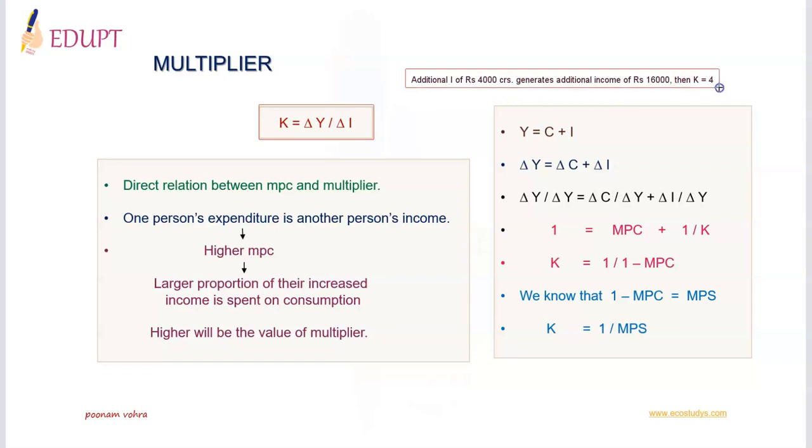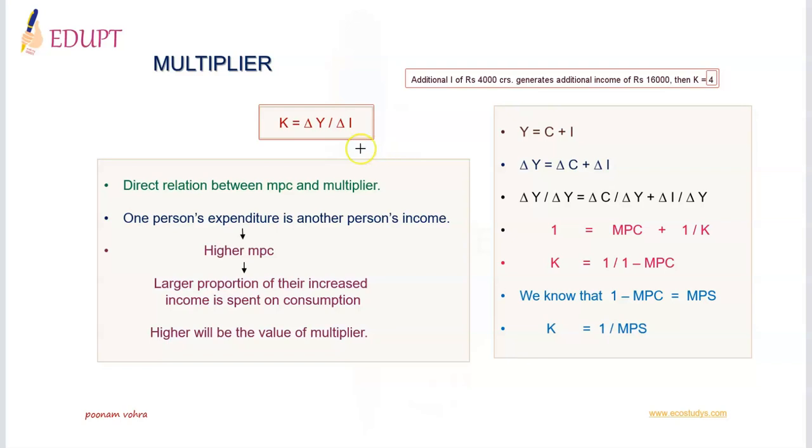Then multiplier would be 16,000 divided by 4,000, which is 4. It implies that income increased 4 times with the simple increase in investment.